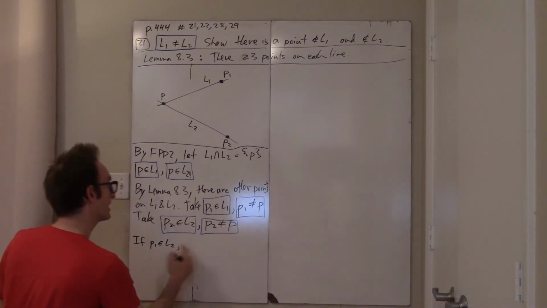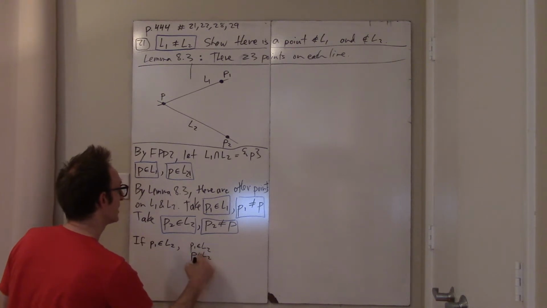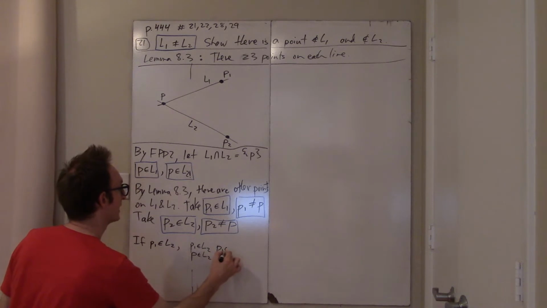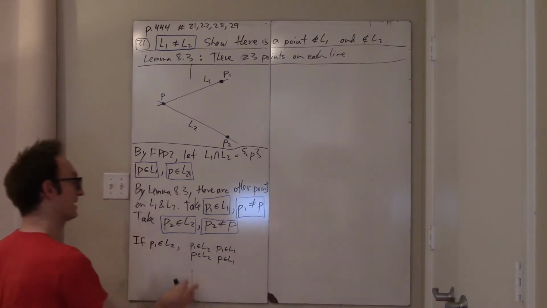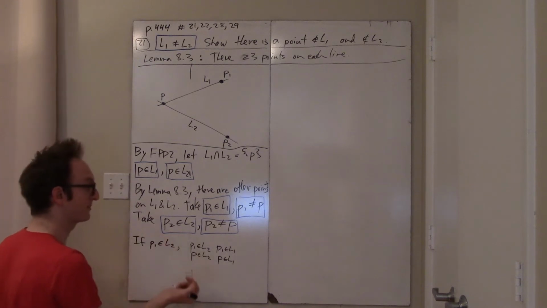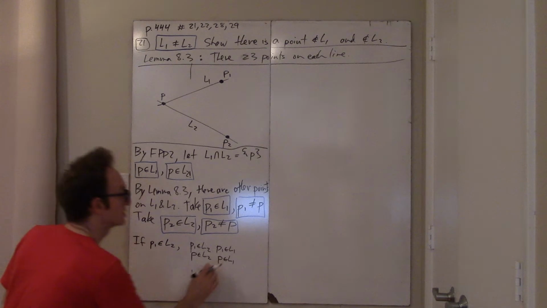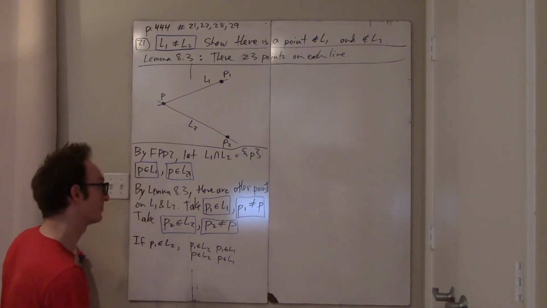If P1 were on L2, then I would have P1 on L2, but also P on L2, but also P1 on L1, and also P on L1. And we have FPP2, which says that 2 distinct lines meet at exactly 1 point.